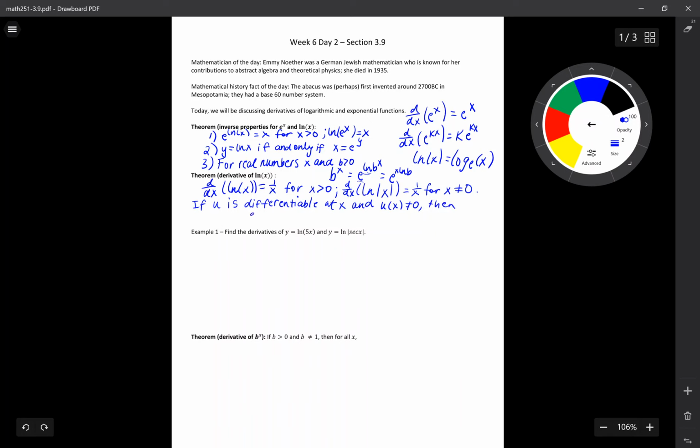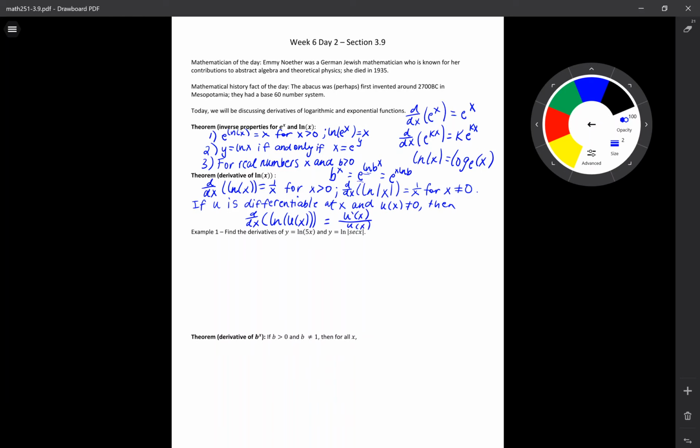The derivative of the natural log of u of x is equal to u prime of x over u of x.